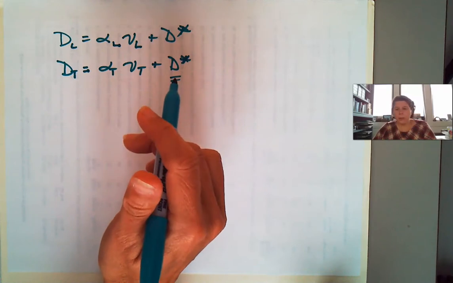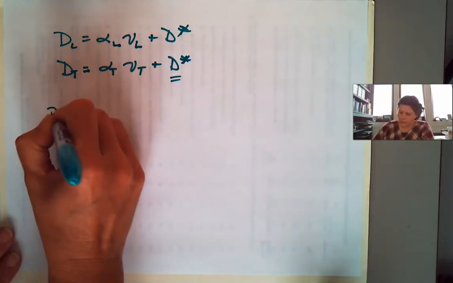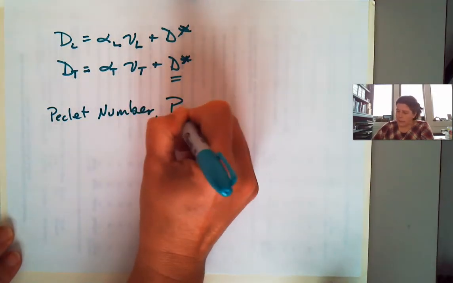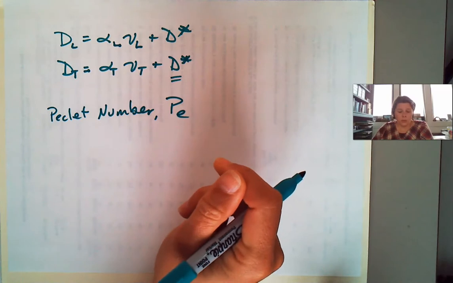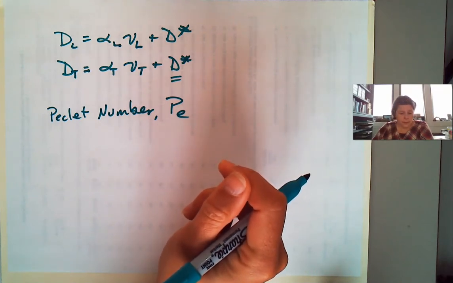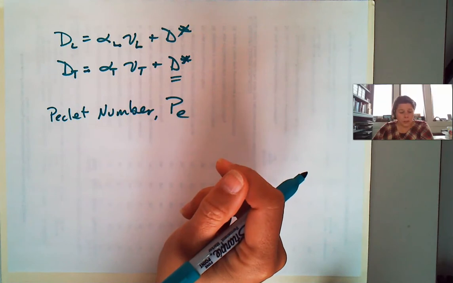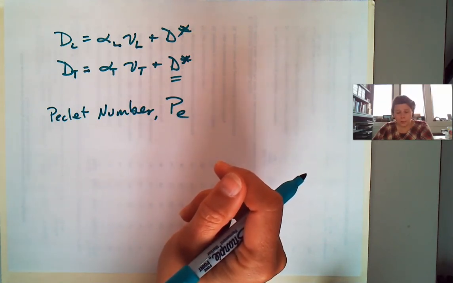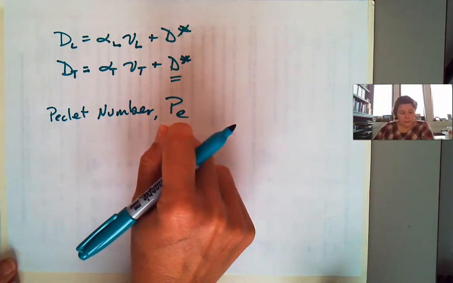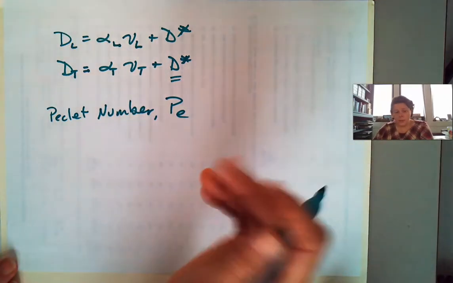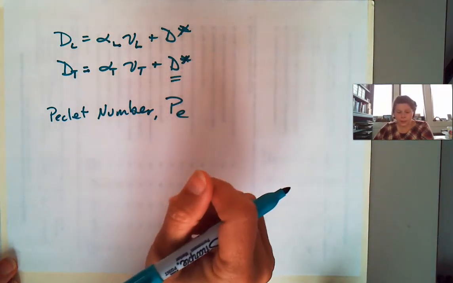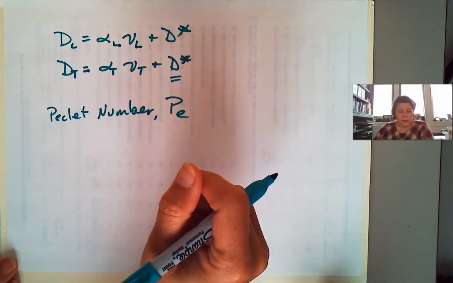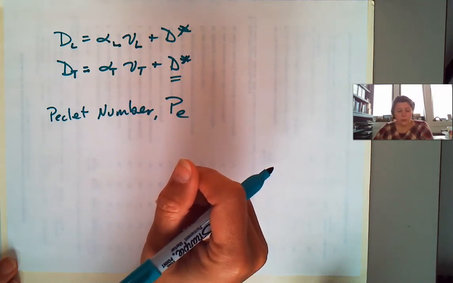And so what we end up looking at is what's called a Peclet number. The Peclet number, or Pe, is a dimensionless coefficient relating the effectiveness of the advection dispersion transport to diffusive transport.